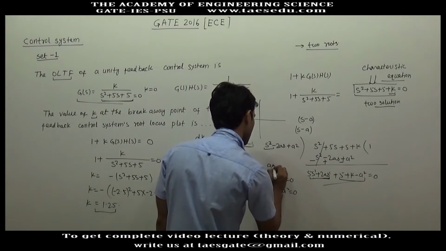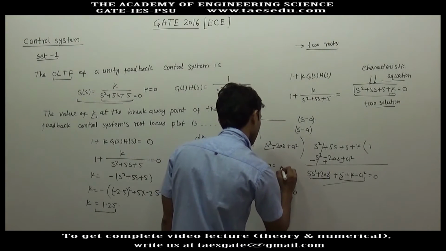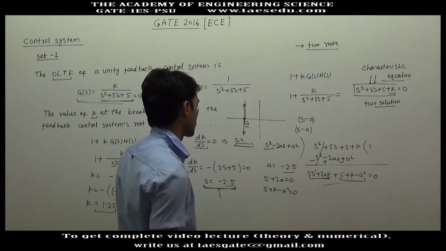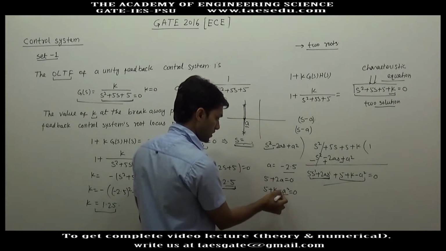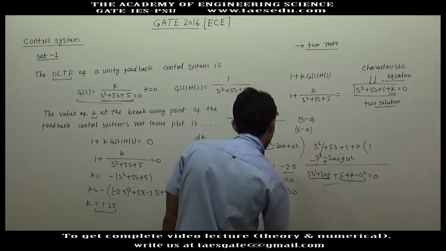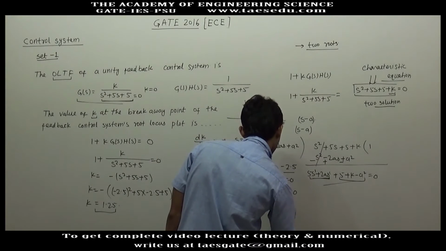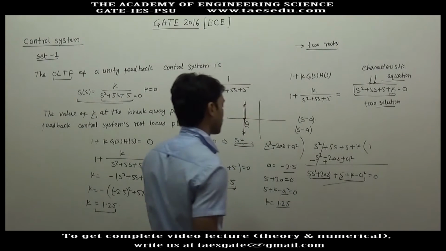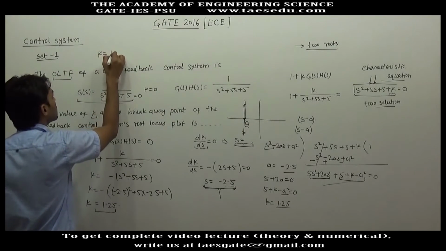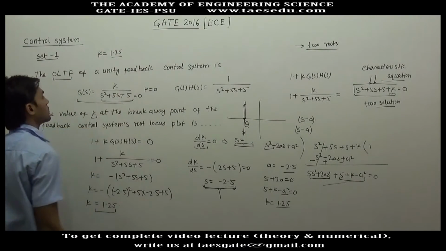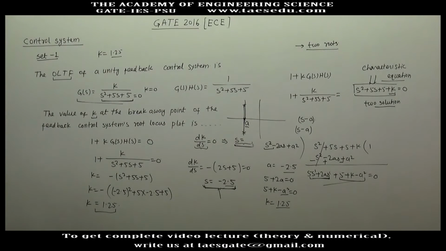From here you will find a equal to minus 2.5. If you put a equal to minus 2.5, you will get k as 1.25. The answer to this question will be k equal to 1.25 for positive value of k.